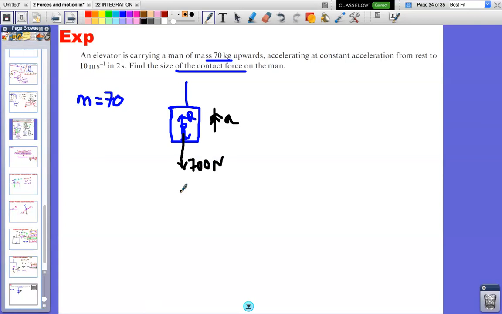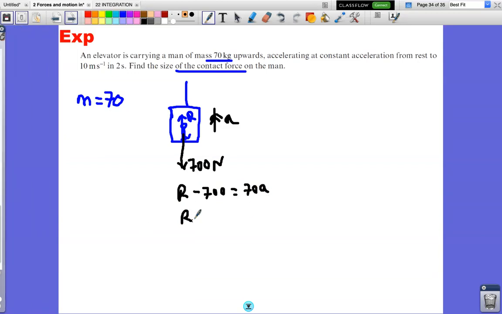We know that R minus 700 should be 70A. That gives us R equal 70A plus 700.